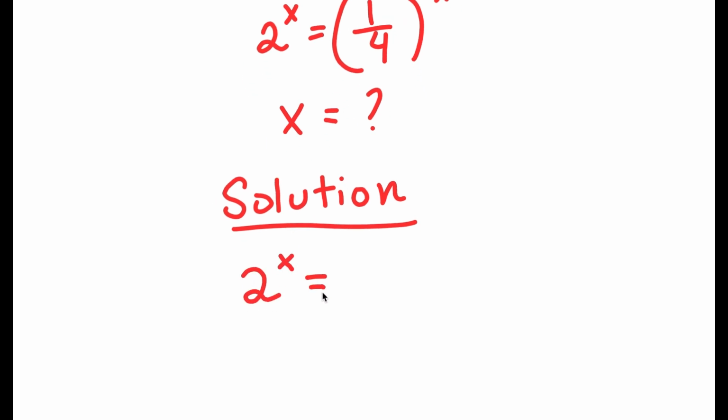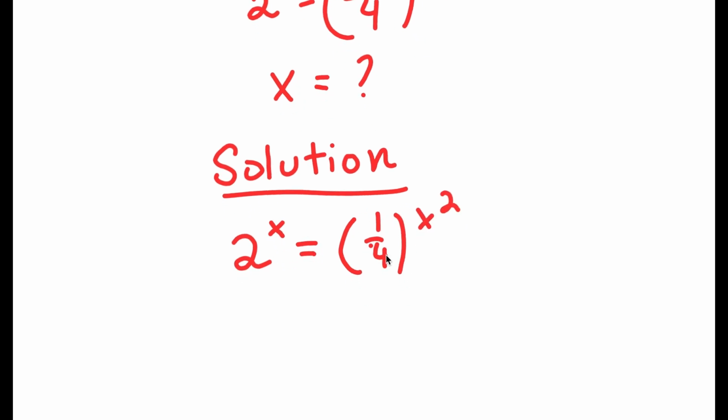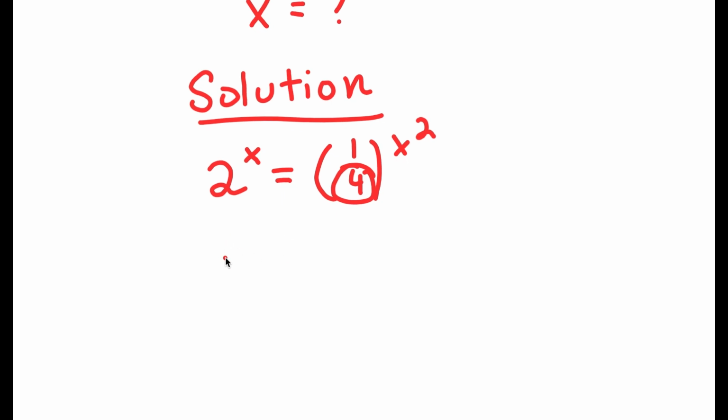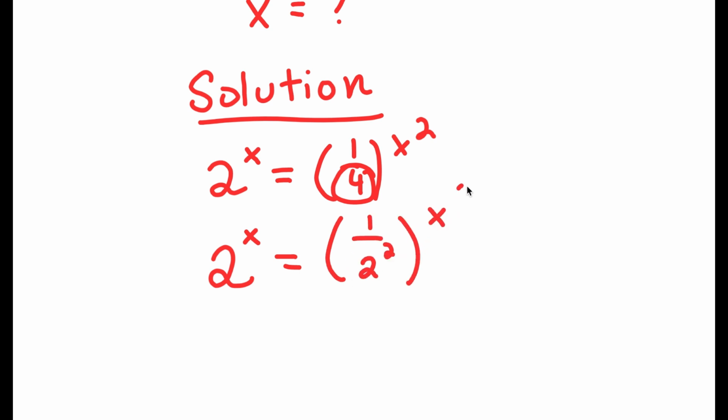So I have 2 to the power of x is equal to 1 over 4 to the power of x squared. And now I'm going to first start by rewriting 4 here as 2 squared. So now I have 2 to the power of x is equal to 1 over 2 squared to the power of x squared.